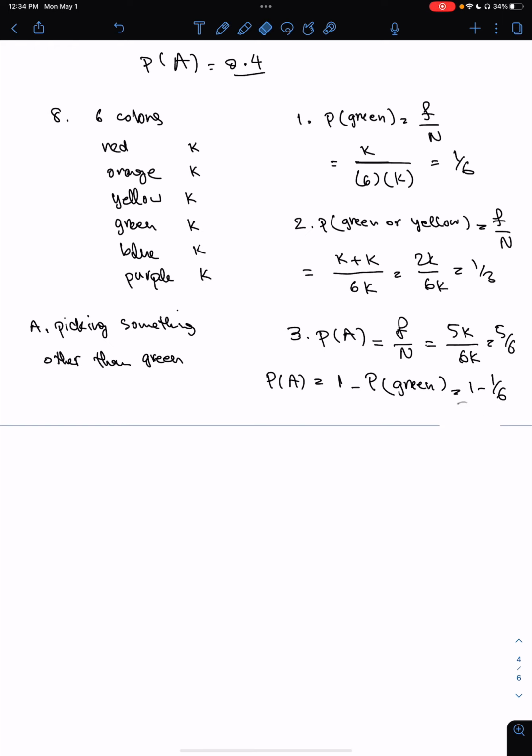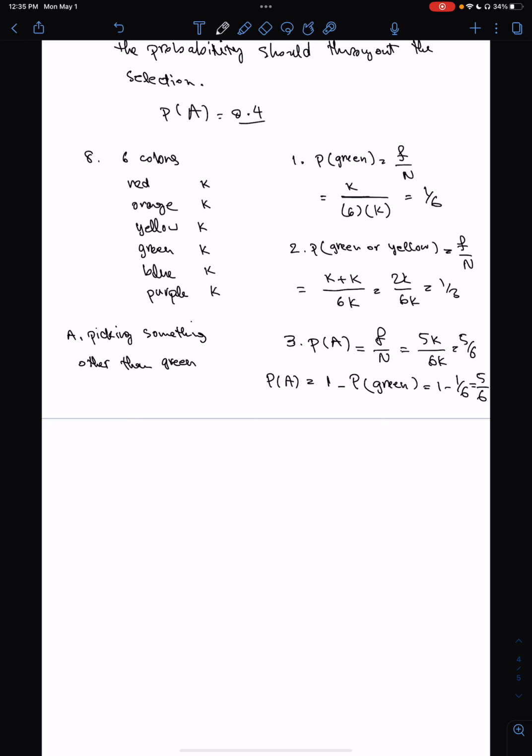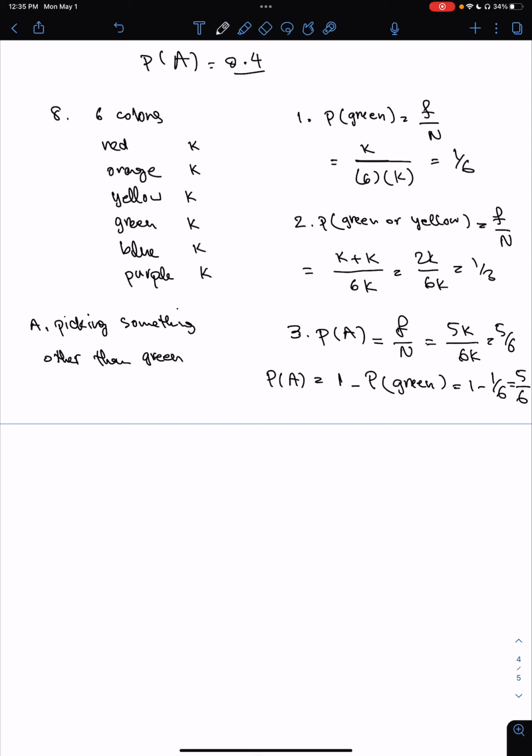What this means is that 1 is basically the sum of all probabilities, so we subtract the probability of picking green from the sum of all the other possible situations.